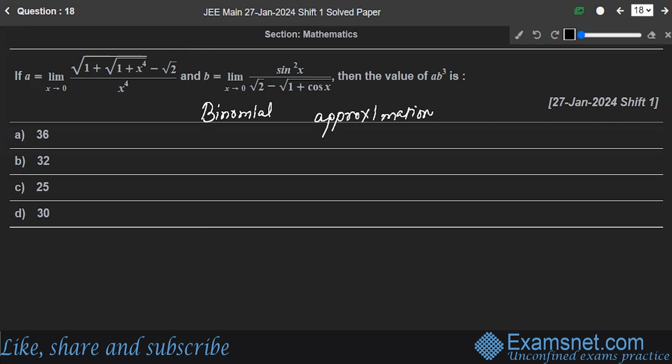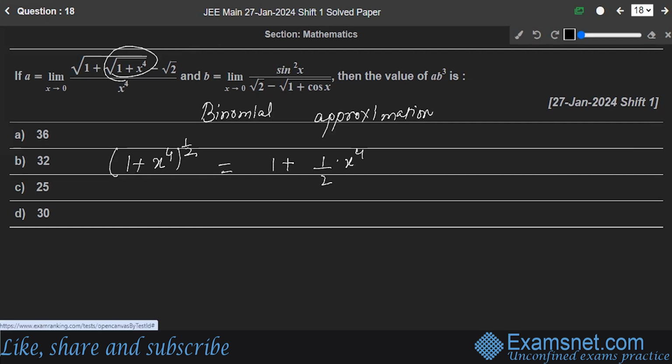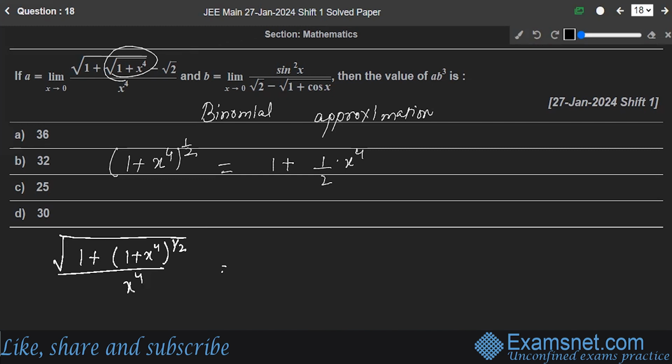What does that say? So here you have 1 plus x raised to power 4. I'm taking up this one, 1 plus x raised to power 4. This can be written like this. So according to the binomial expression, this will be 1 plus half into x raised to power 4. Let's write it down. I'm picking up the A. First of all, I will not write A, I'll just write down this thing: 1 plus x raised to power 4, power 1 by 2, whole divided by x raised to power 4.